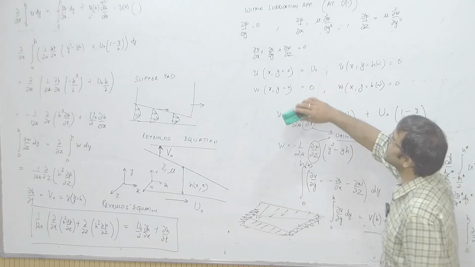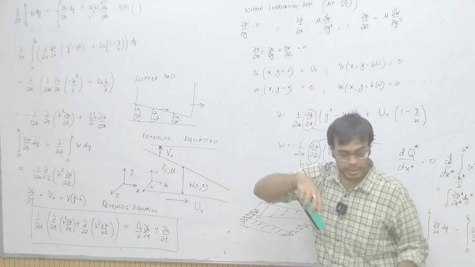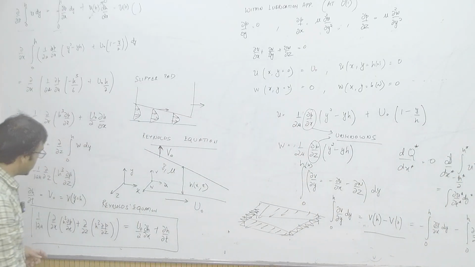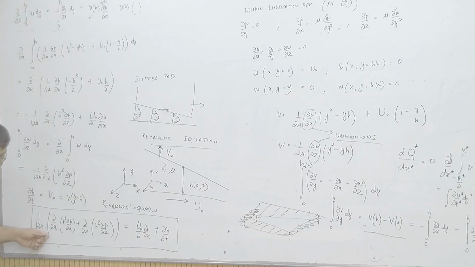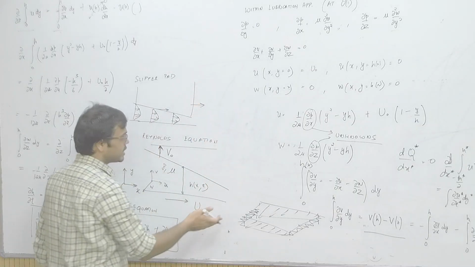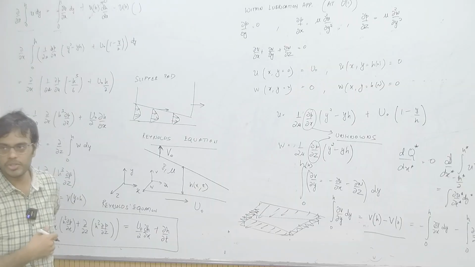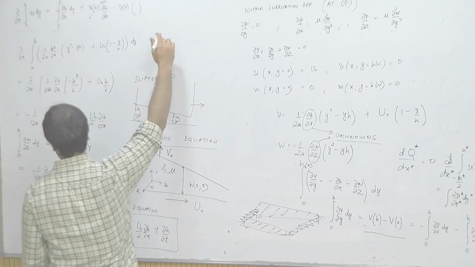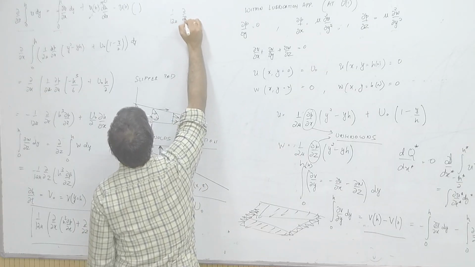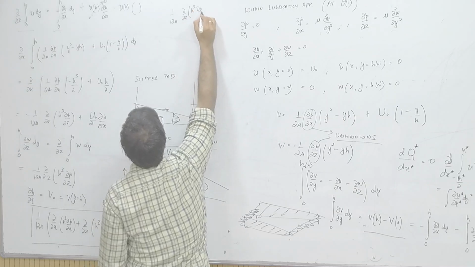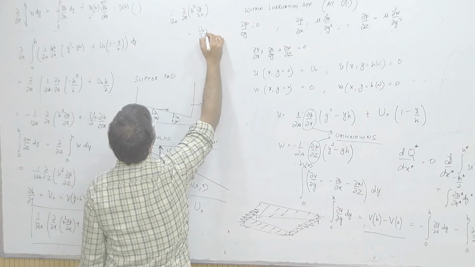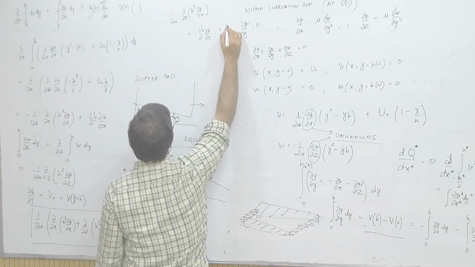There is a very nice daily example that you must have experienced yourself as well, which we can physically reason from this equation. So, let us for a moment assume that there is no z variation. Let us assume that it is a 2D situation, and in 2D we have 1 by 12 mu del by del x of h cube del p over del x equals u naught by 2 del h over del x plus del h over del t.